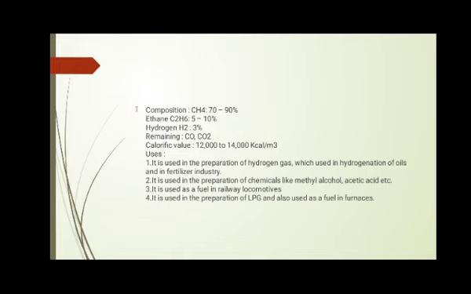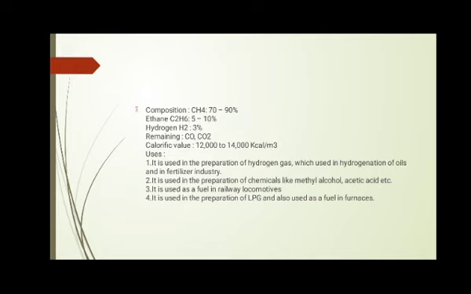Dry natural gas compositions: methane 70 to 90%, ethane 5 to 10%, hydrogen 3%, remaining carbon monoxide and carbon dioxide. Calorific values 12,000 to 14,000 kilocalories per meter cube.